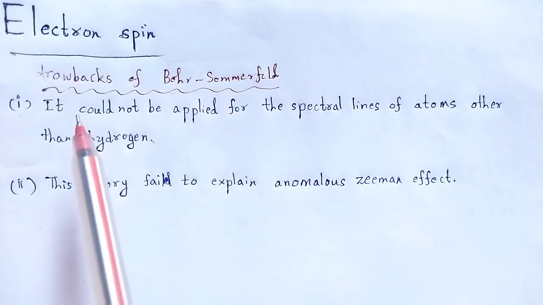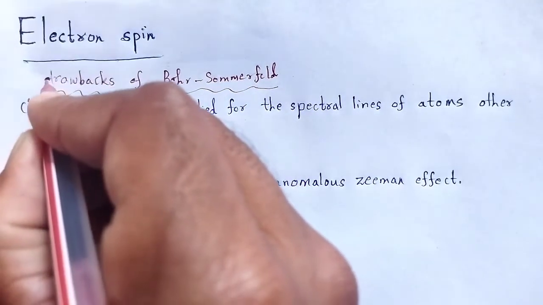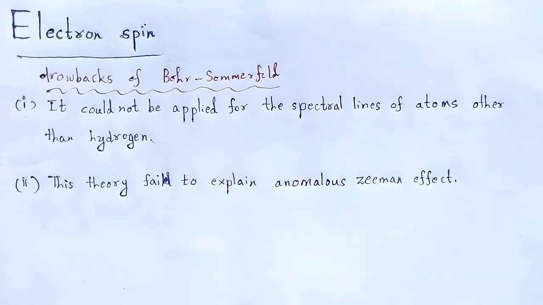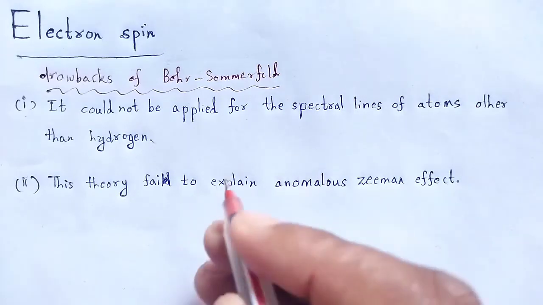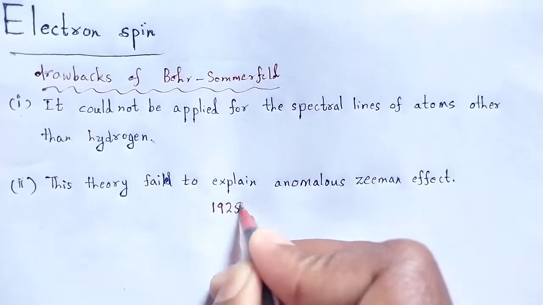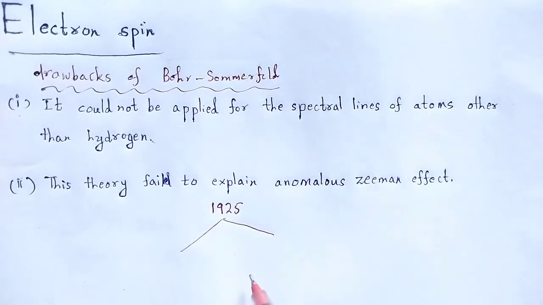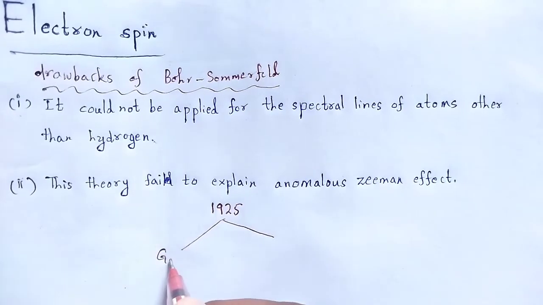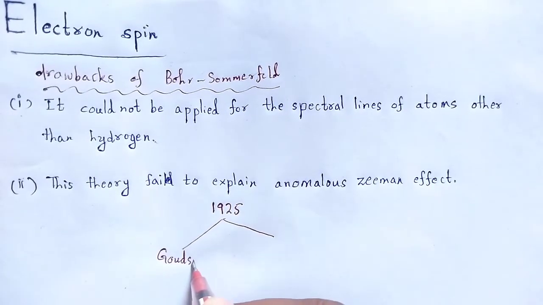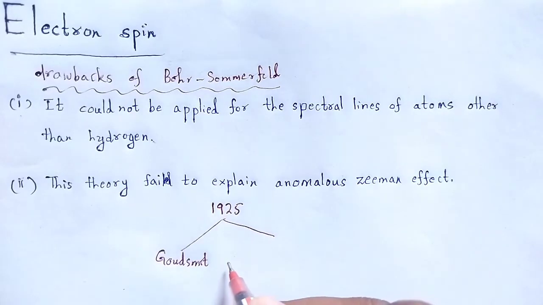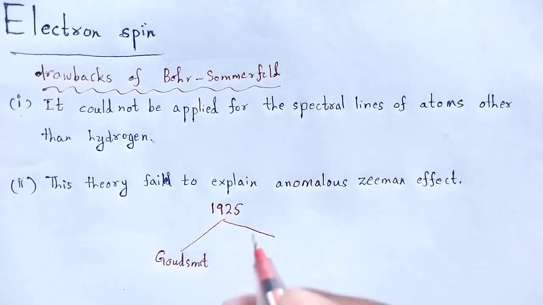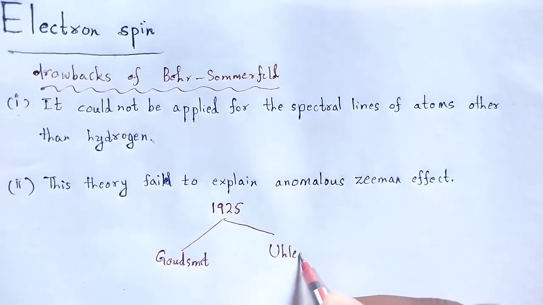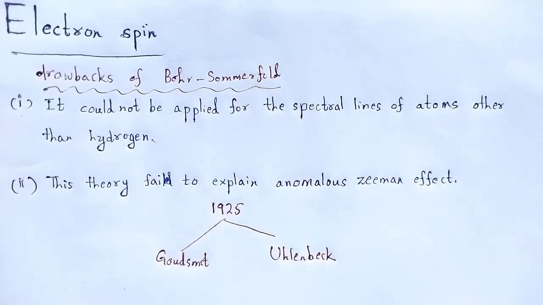So, to overcome the drawbacks of the Bohr-Sommerfeld atomic model, two scientists in 1925, Goudsmit and Uhlenbeck, proposed a new theory.